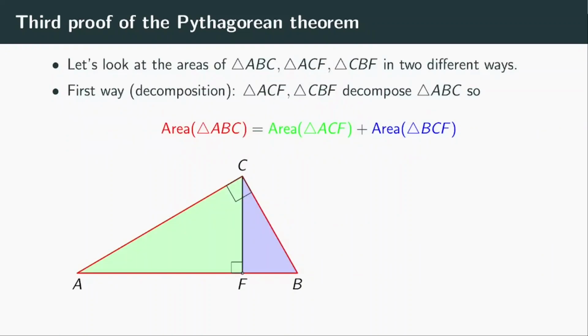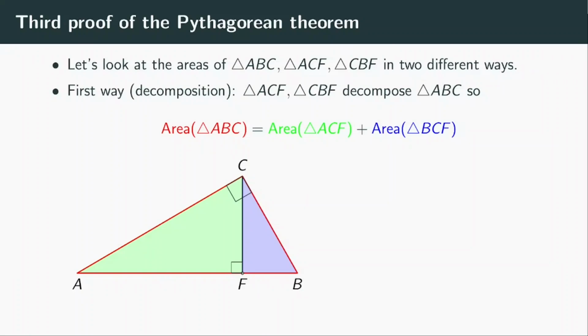So now let's look at the areas of these three triangles, and we're going to look at them in two different ways. The first way is by decomposition. We're going to see our big triangle as being made up of the two smaller triangles.